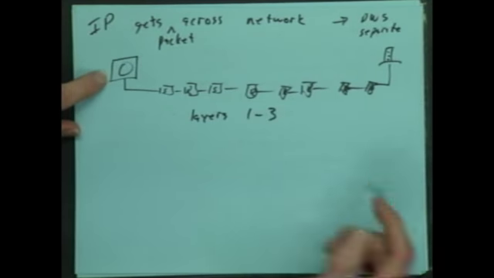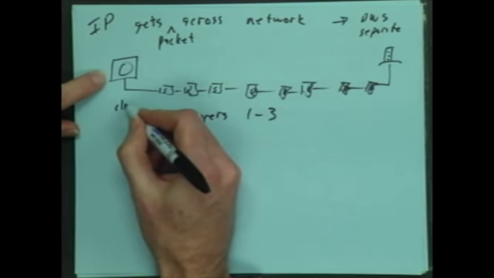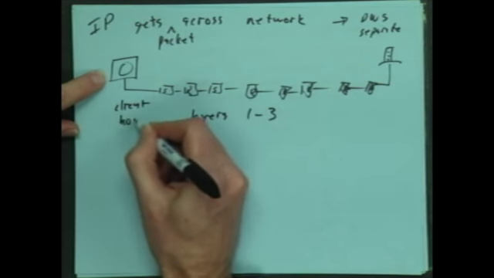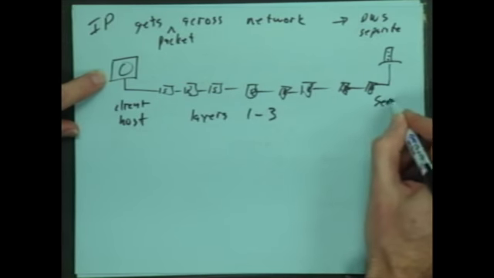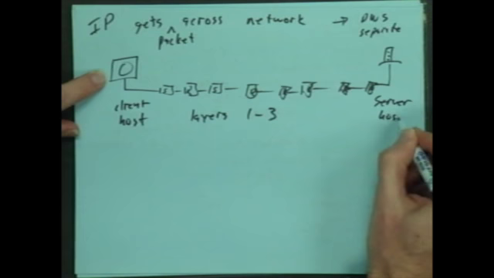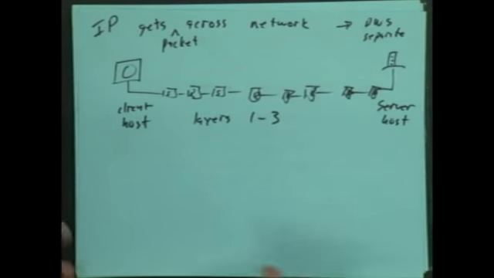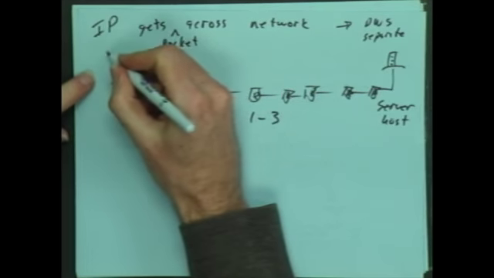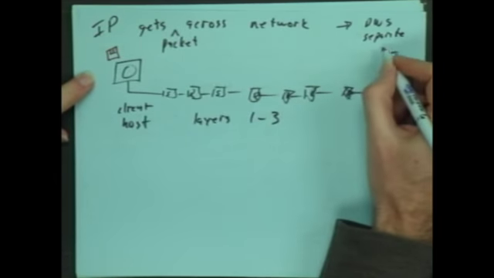I got from my client, we'll just put our client here. So this is our client host to the server host. So we're done. But we are not done. The problem is now, once we got to the host, there are actually multiple applications that could be running here.